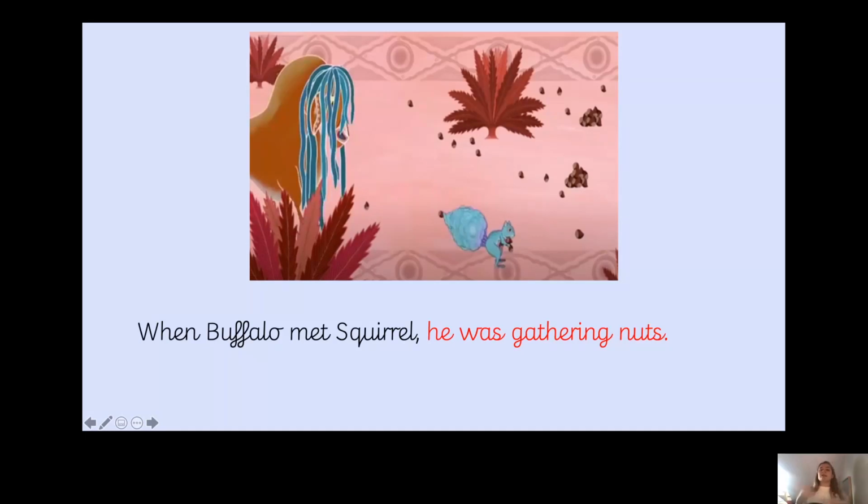Then the second part of the worksheet, you just have the first part of the sentence with no conjunction and no second part of the sentence. So you need to decide, based on the pictures, which conjunction you're going to use and how you are then going to finish your sentence based on what conjunction you have used. Because remember, you use them for different reasons.